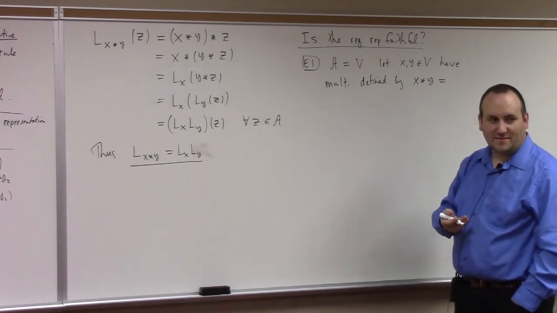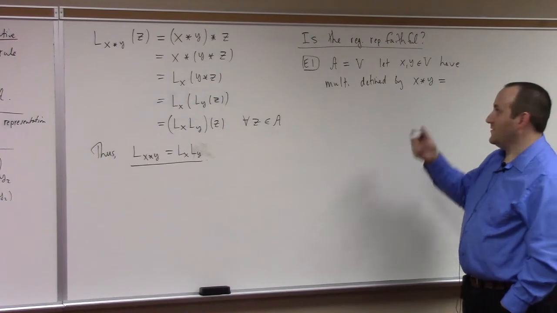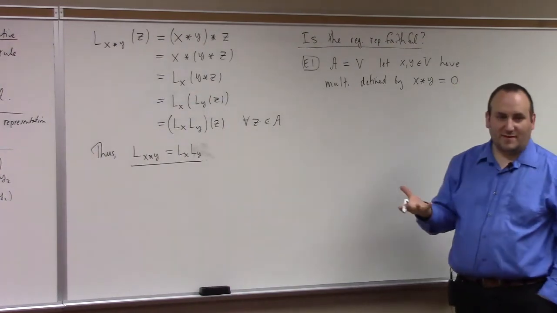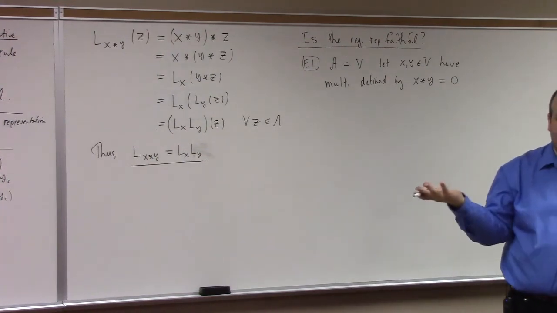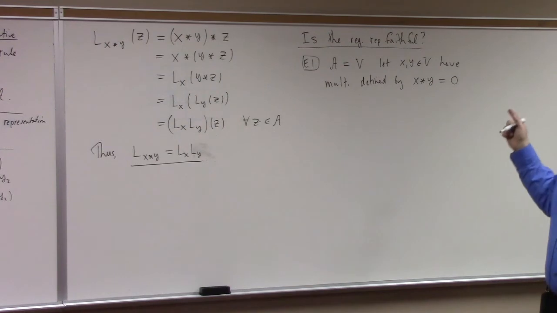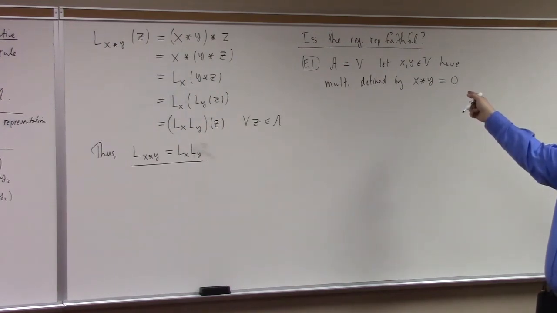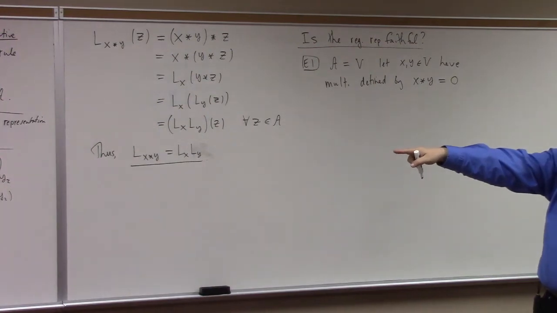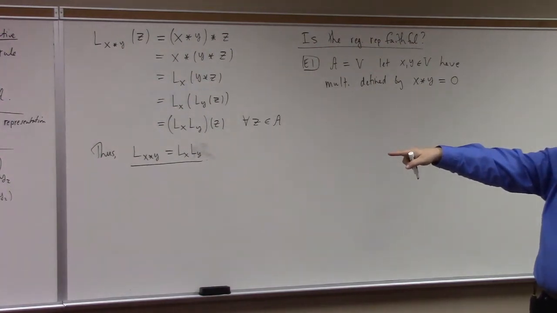What do I have to put here? 0, right? I mean, 0 is the only thing that could possibly be it, given my question, yeah? 0 is common to all vector spaces. And if you think about it, that multiplication will stupidly be bilinear and satisfy the necessary criteria to be a multiplication of an algebra, right?